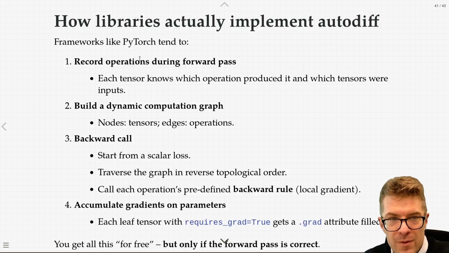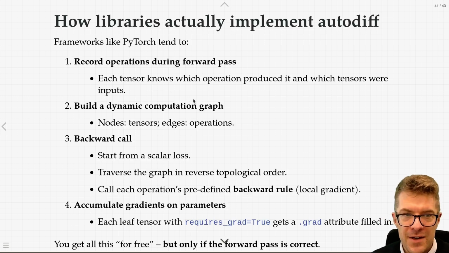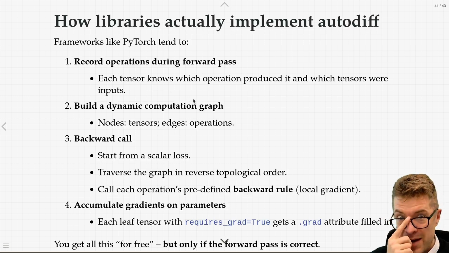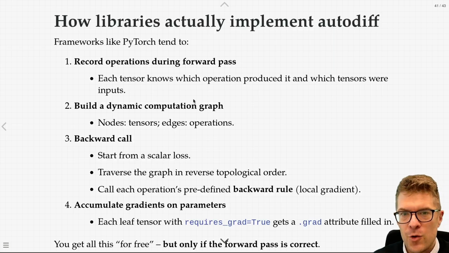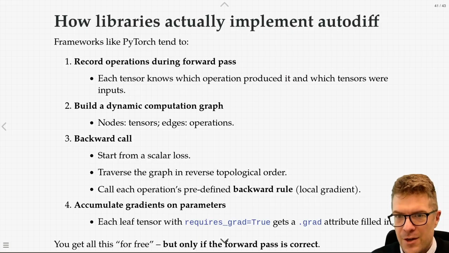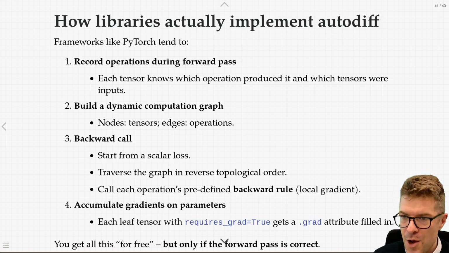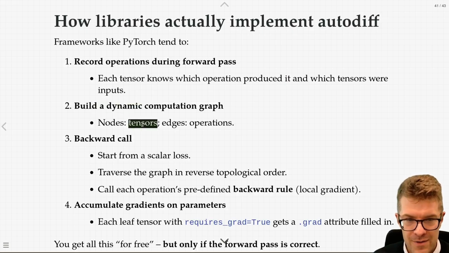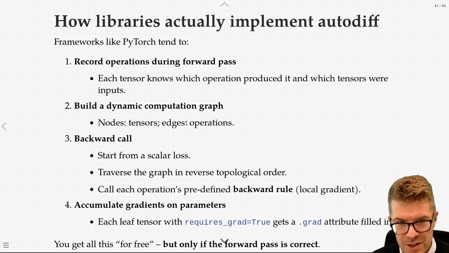So we mentioned PyTorch. PyTorch does record all of the operations during the forward pass. Every tensor, every node will know what operation produced it. So like the directed acyclic graph we've hypothesized before is sort of how these modern libraries represent these deep neural networks. These computational graphs are built. There are nodes, there are edges. The edges are the functions.